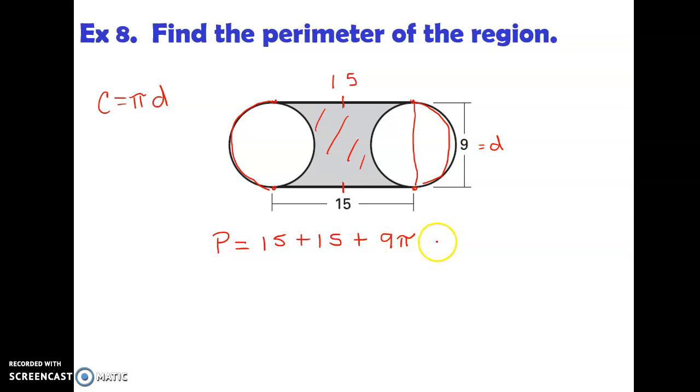That equals my circumference. When you simplify, perimeter equals 9 pi plus 30, and I'm just going to say units. It doesn't give me which unit to use.